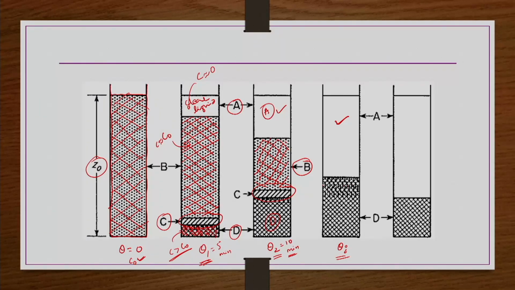From this point onwards C zone starts disappearing. Finally, at theta f, the final settling time, let us say 100 minutes, it is completely separated into two phases. You can see only A and D zones, and the turbid C transition zone disappears completely.